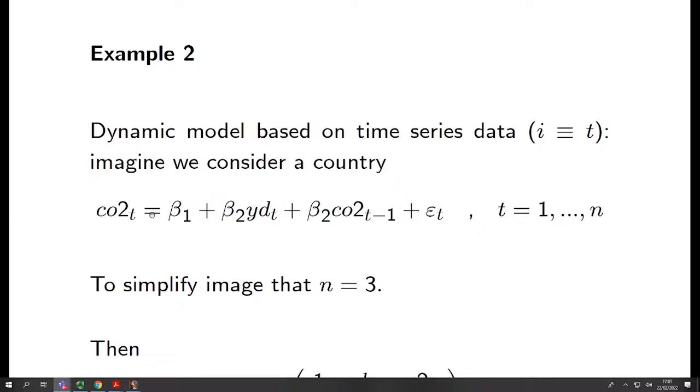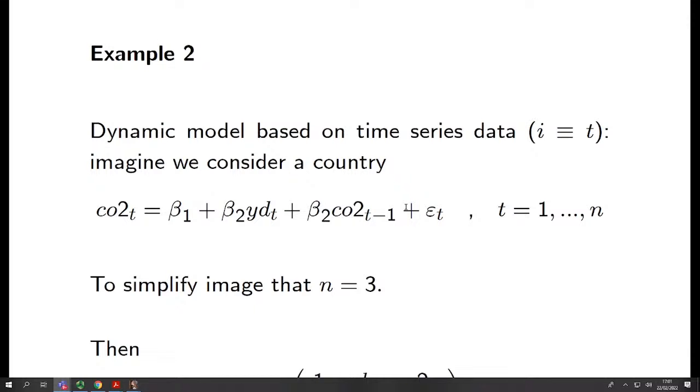According to this model, CO2 at time t depends on a constant, and again, think about the environmental Kuznets curve, on the average income of the country at time t, but now the novelty I have included is the dependent variable CO2 in the previous period as a regressor. Why should I do that?